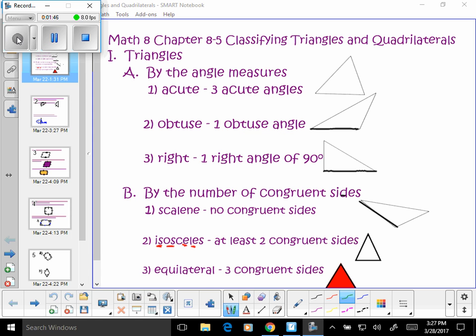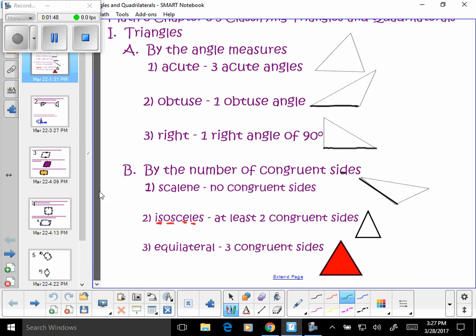Now let's look at how we can classify a triangle by the number of congruent sides. Congruent, if you remember, means it will have the same size. If we have a triangle that has no congruent sides, and you will often see tick marks like this, that means that there are no congruent sides because none of the tick marks are the same. So we call it a scalene triangle.